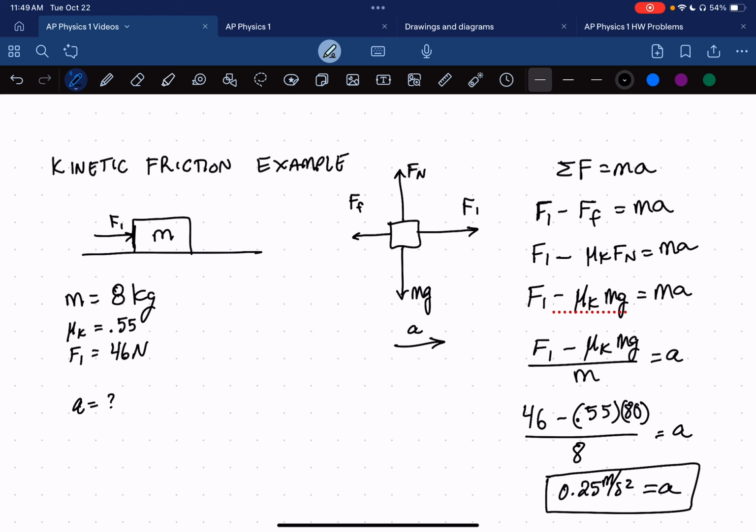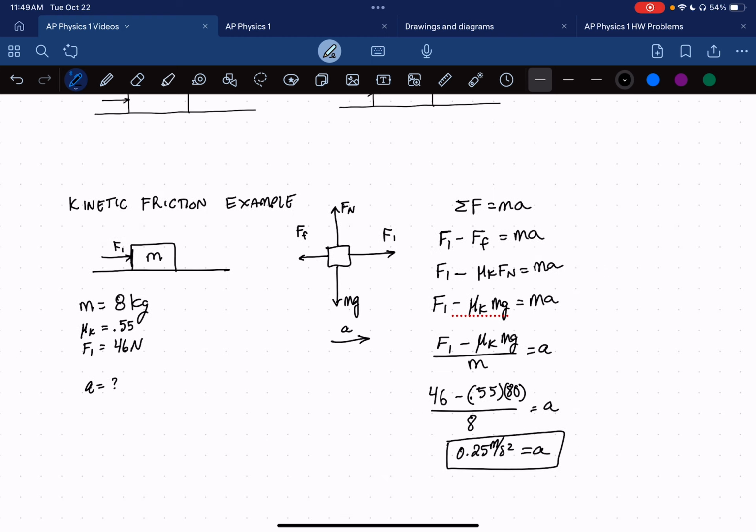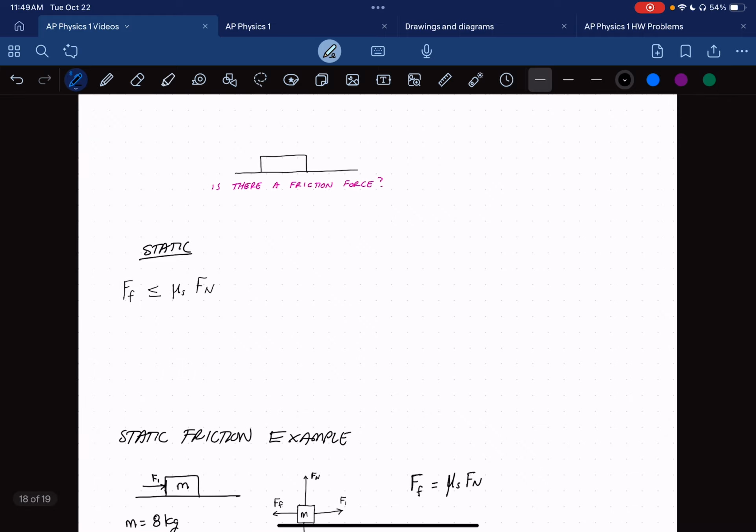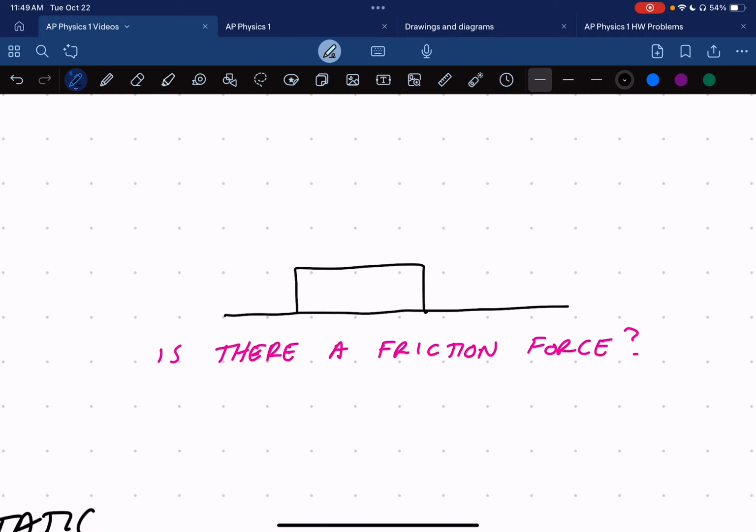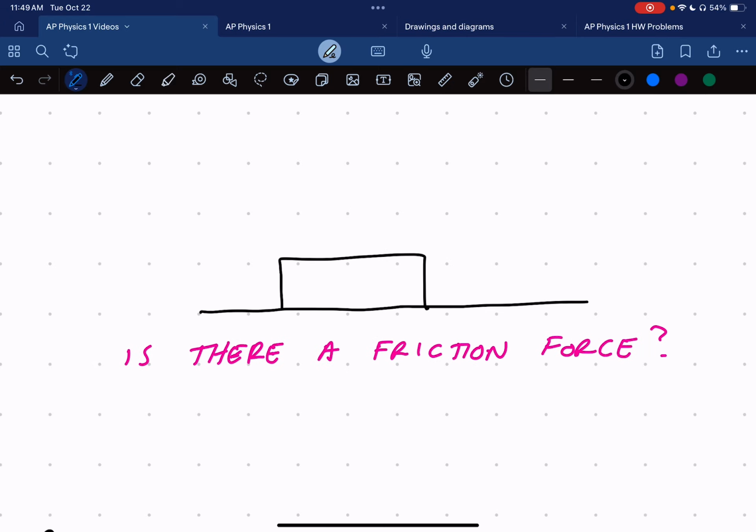All right, let's keep going. So let's say we have that same block and it's sitting there on a table or on the floor. Is there friction on the object?